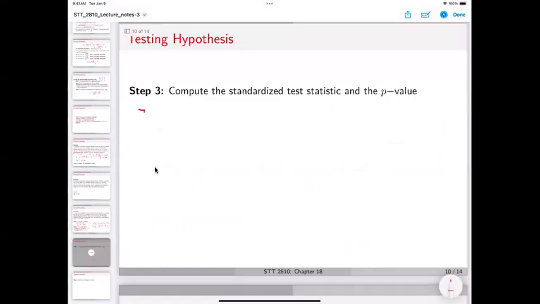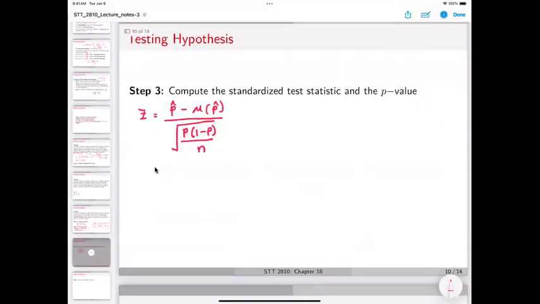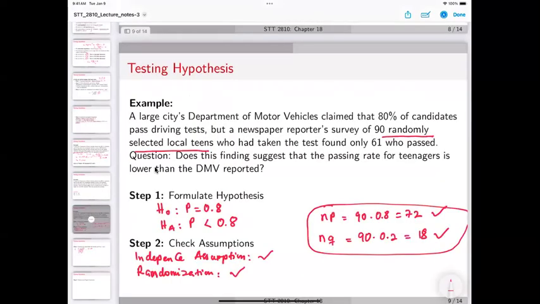Now I want to write this formula there. So we have z equals p hat minus mu p hat, divided by the square root of p times 1 minus p, divided by n. Let me check. Yep, I think I wrote that right. So our p hat is 0.678, minus this mu p hat, which is always the same as what?